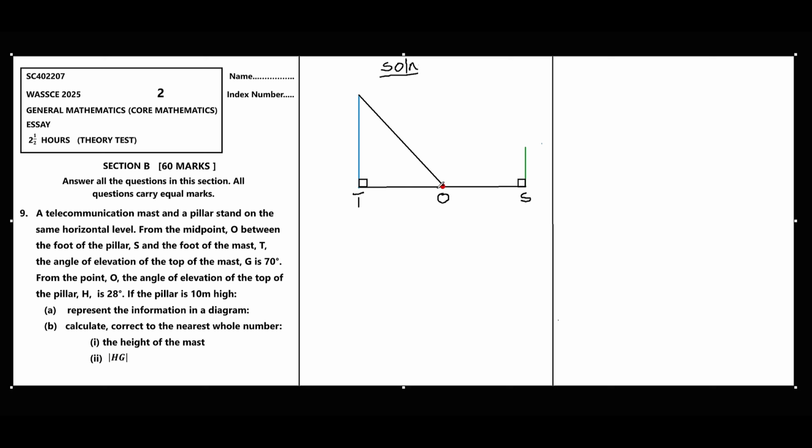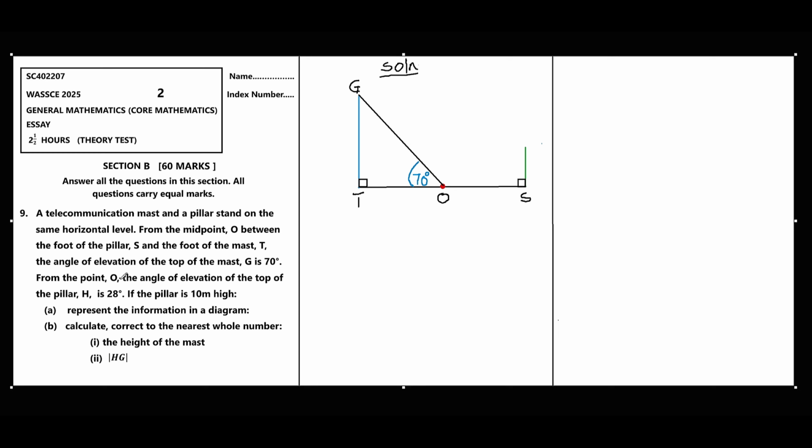Any angle above the horizontal level is the angle of elevation. So we are measuring the angle of elevation from the top of the mast, G, and it measures 70 degrees. This has been done. So we are done with the second part.